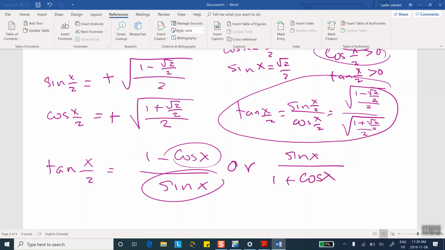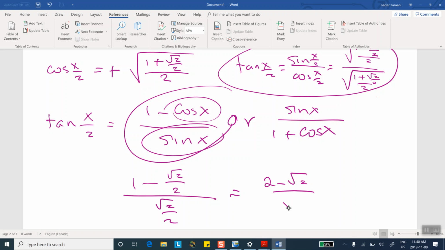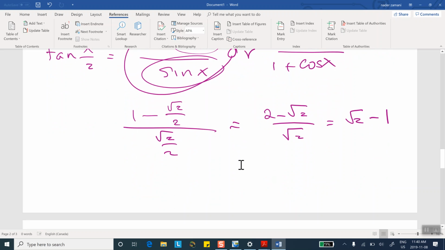I don't know, the answer in the book may not be like this. It may be like that. The answer in the book may be (1 minus root 2 over 2) divided by root 2 over 2, which incidentally is (2 minus root 2) over root 2. And if you check the book, probably it's something of this type. Okay. That takes care of number 40.